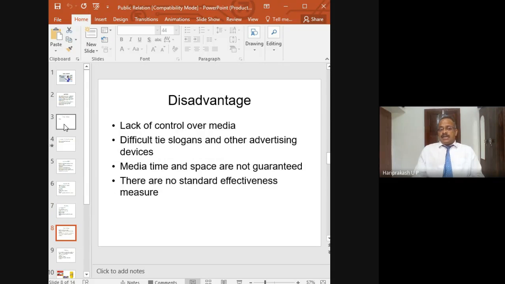Disadvantage, lack of control over media. So public relation is mainly in the media, whether it is social media, whether it is other traditional media. So you don't have much control over the media, right? So media may go out of control. So what we are seeing in the pandemic, many people say that India is being projected negatively around the globe. Too much of negative news about COVID-19 is happening. So who is doing it?